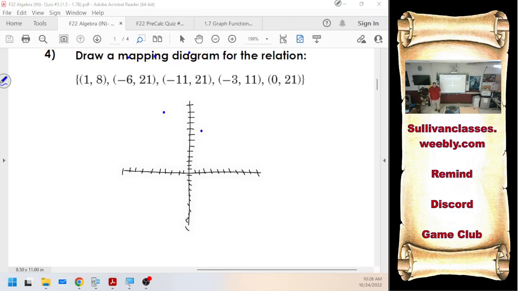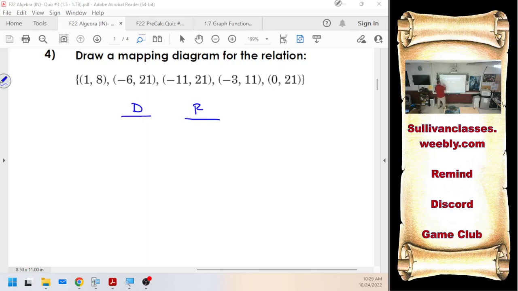Every year I get a kid who will do that. What's a mapping diagram look like? Okay, list out your domain and your range. Under domain, you're going to put all your x's. I like to put mine in order.